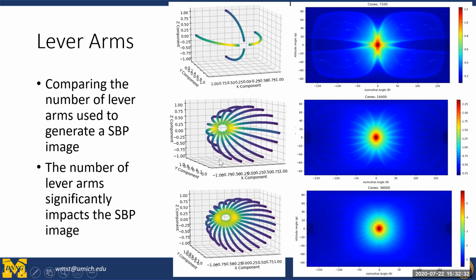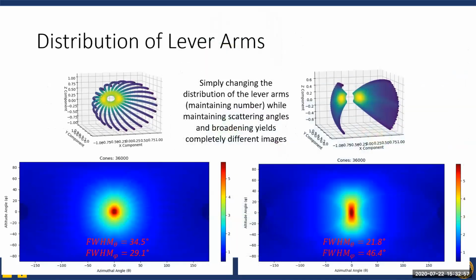Whereas as we increase the number of lever arms to, I believe, 20 and I believe 30 here, we see this effect go away and we obtain a more symmetric image as we increase the number of lever arms. And of course, if we have the lever arm distributions completely non-symmetric, we can really begin to alter the shape of our distribution.